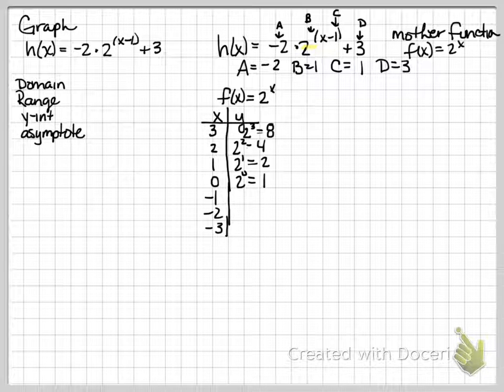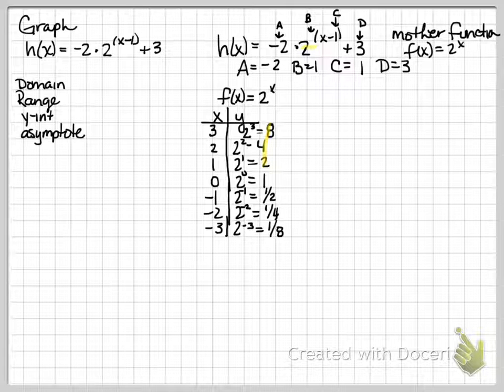Now when we get to these negatives, all that happens is these original points that I have up here, they just flip over because that negative exponent is going to take the reciprocal. So 2 to the negative 1 is just 1/2. 2 to the negative 2 is 1/4. And 2 to the negative 3 is 1/8.